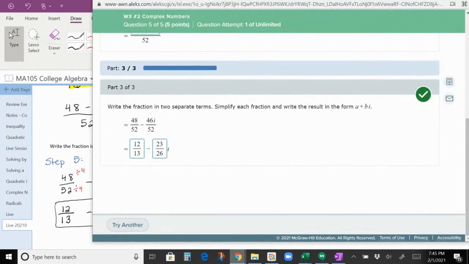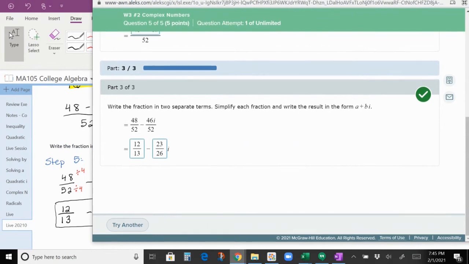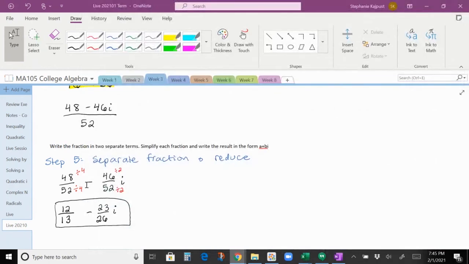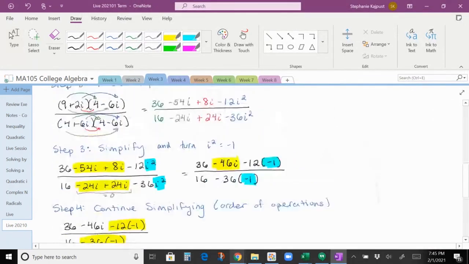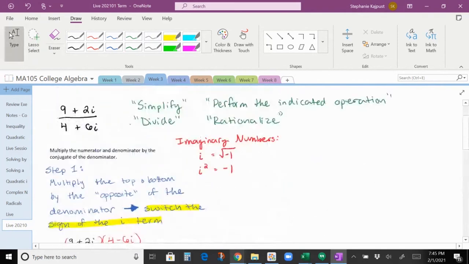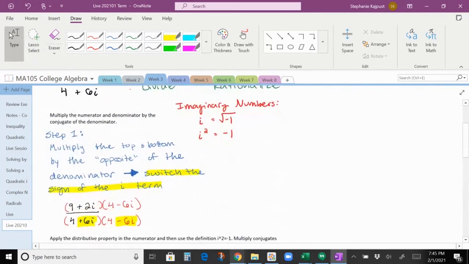Normally, explaining it and writing steps like this, everything that I've written down, takes a lot longer than it would actually take on a quiz. When you're taking a quiz, you're not writing down all of these directions each time. You're just writing the math part, but you use your notes so you know what to do each time.